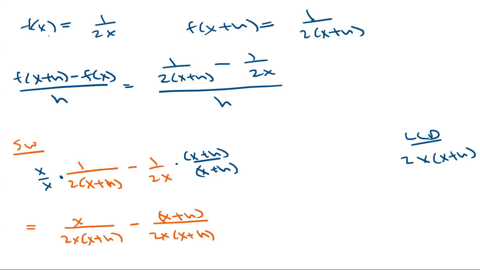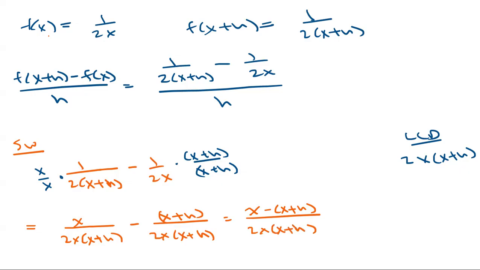Okay, so I have a negative here, and I put this in parentheses to remember that I need to distribute that negative to each of my terms. So I'm going to have, again, x, I'll just write it out for right now, x minus x plus h divided by our denominator, 2x times x plus h.